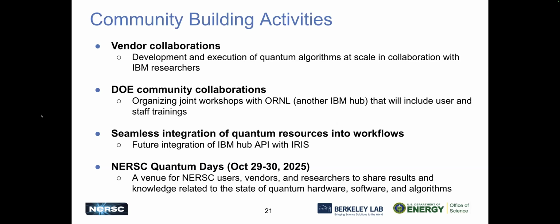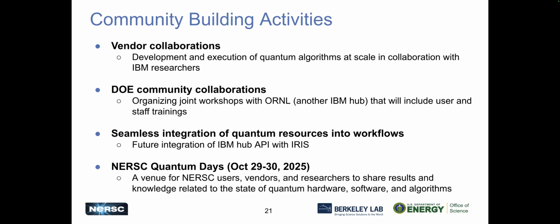Other types of community building activities that we're considering and actively exploring are tighter collaborations with vendors, where we work, for example, with IBM and NERSC users to develop and execute quantum algorithms at scale.